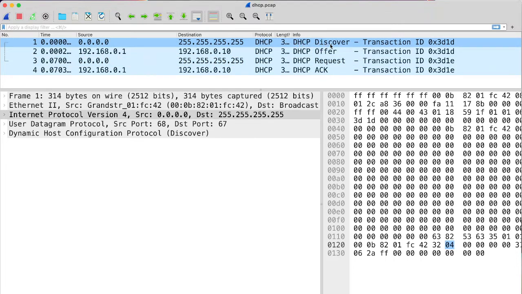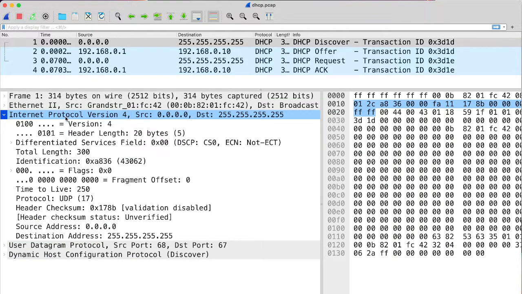That is DHCP discover, and we can take a look at the IP datagram. We mentioned it before, but we have never shown you in Wireshark. So here are the IP headers. The first 4 bits are the version number. We mentioned it before, so it should be 0100, which indicates decimal number 4.